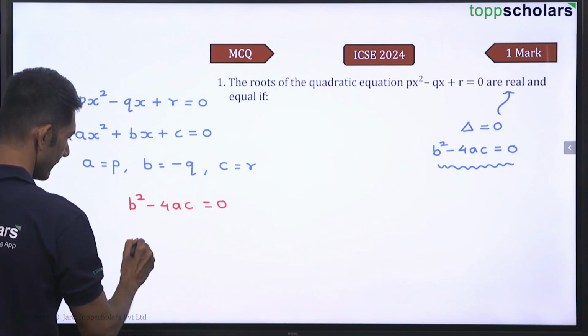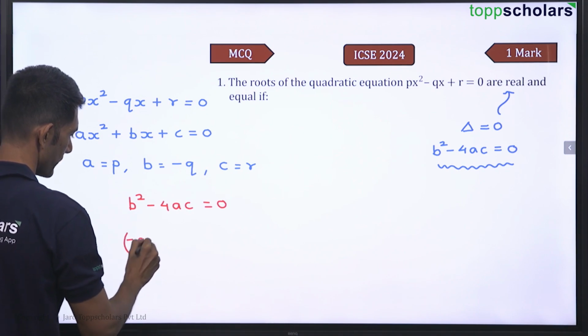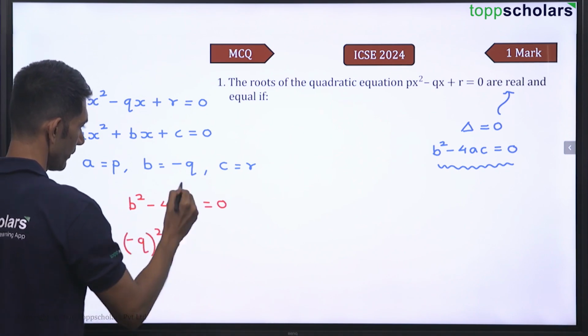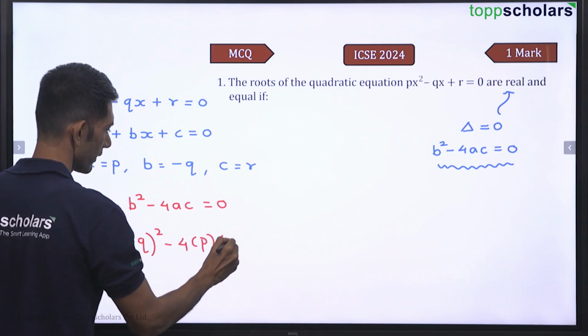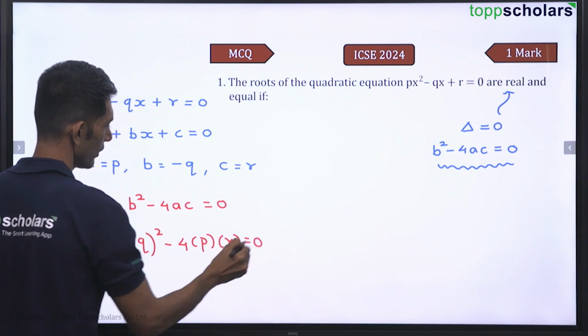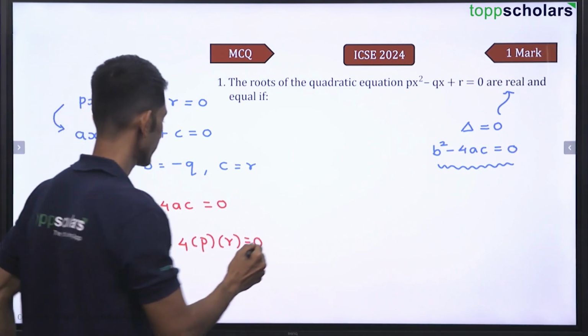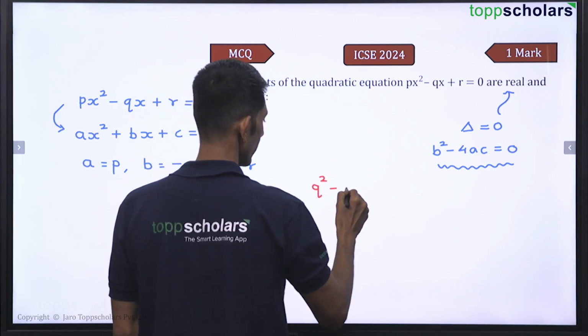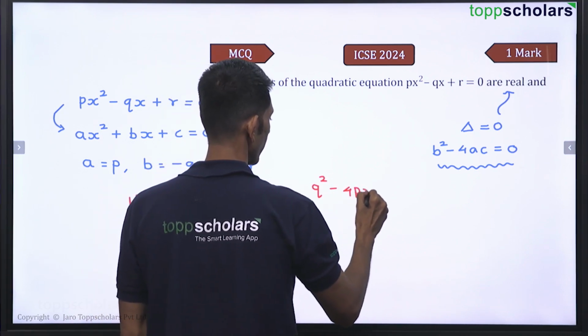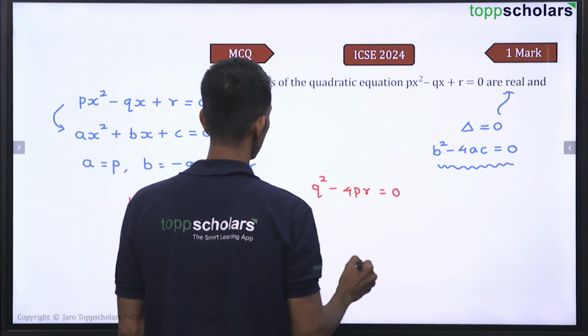So I can say minus q square minus 4 into p into r is equal to 0. So this becomes q square minus 4pr is equal to 0. Okay.